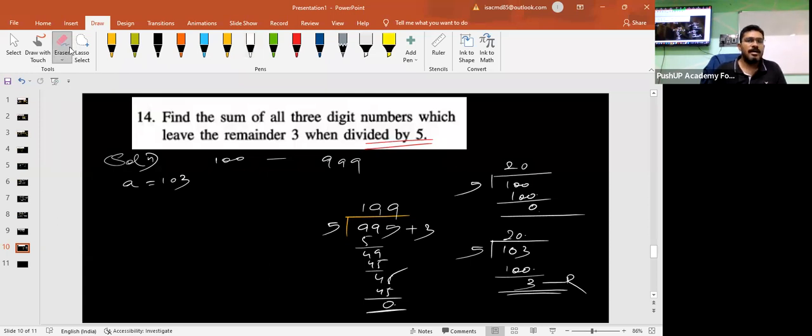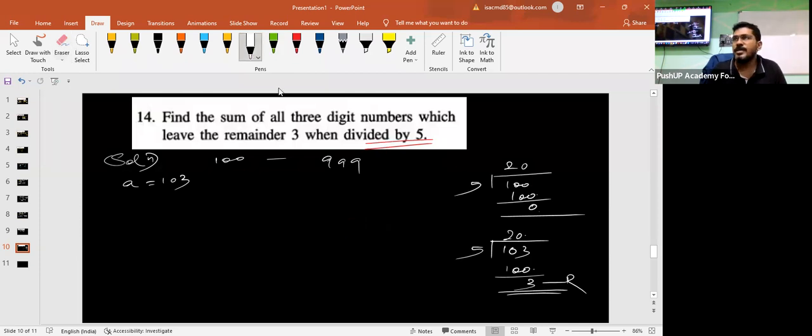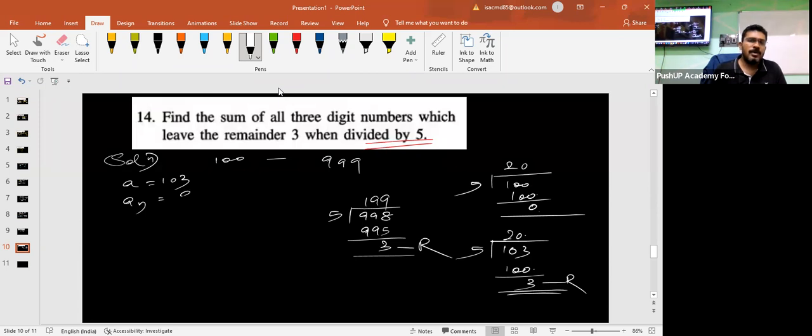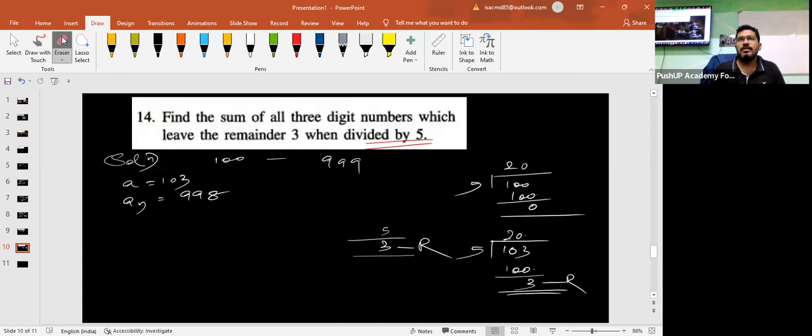Are you getting the logic? So 998 happens to be the last three-digit number which, when divided by 5, leaves a remainder 3. Because 5 into 199 is 995 and the balance is 3. So I will take the nth term as 998. I hope there is no doubt.